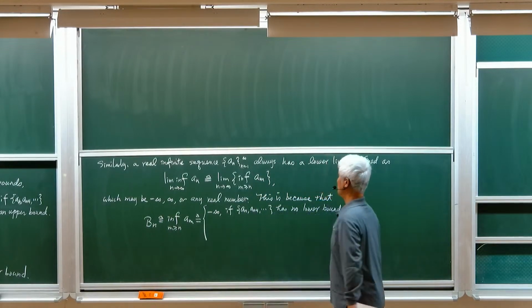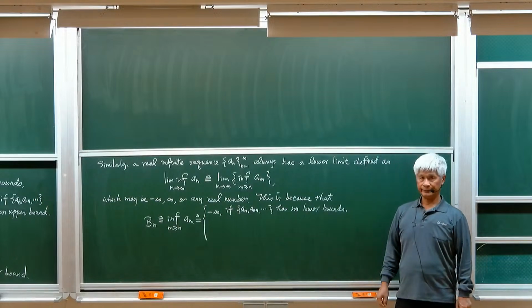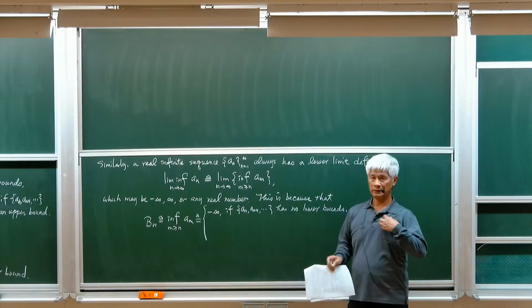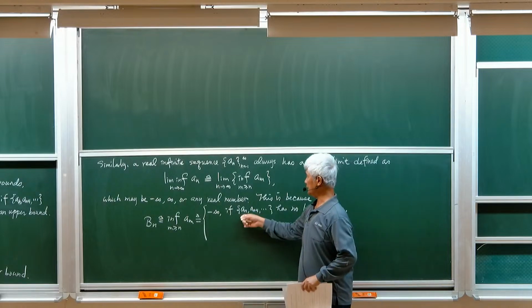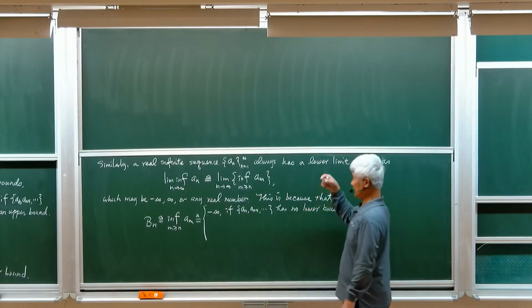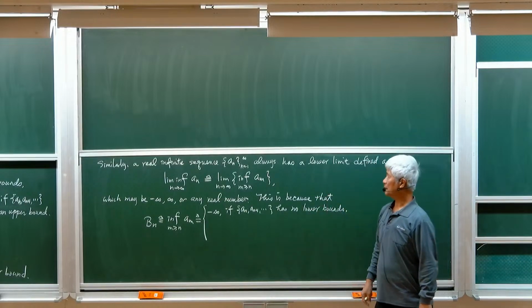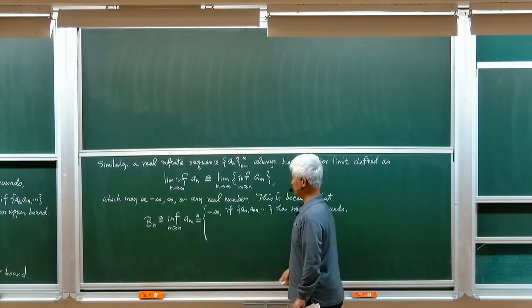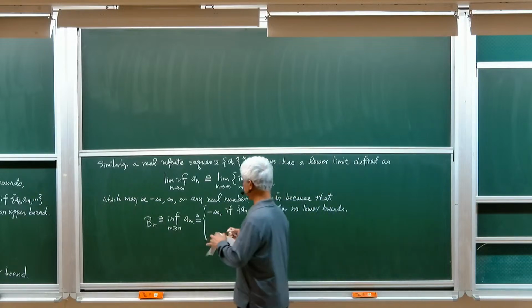If this set starting from a_n has no lower bounds, then the infimum is defined to be minus infinity.